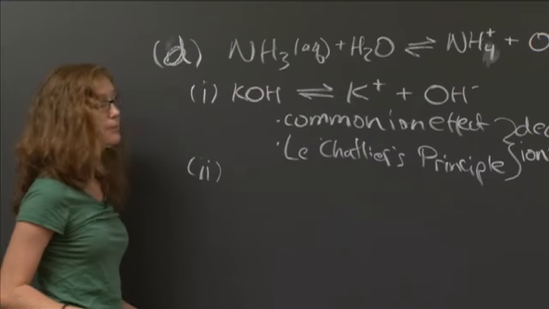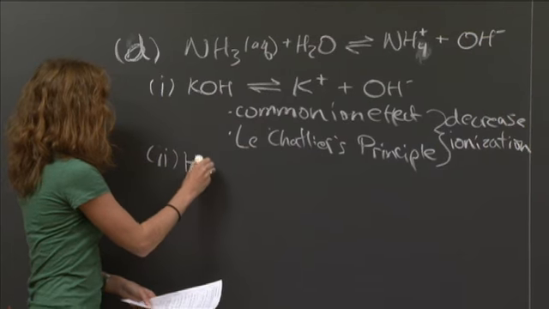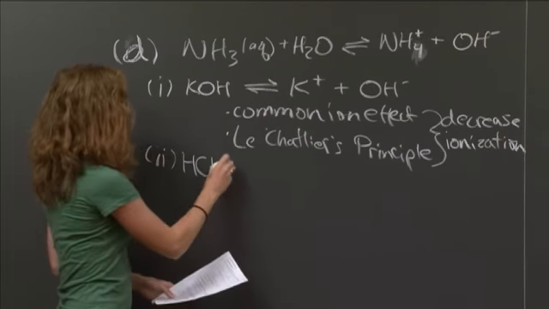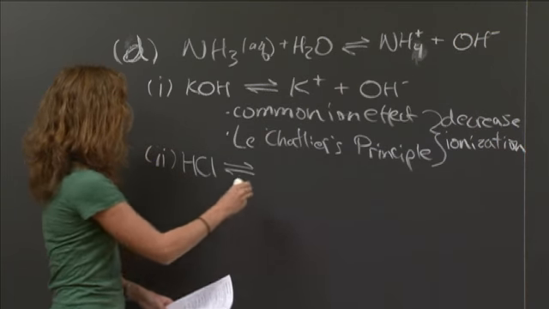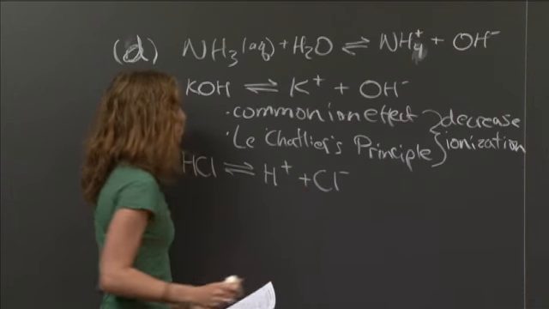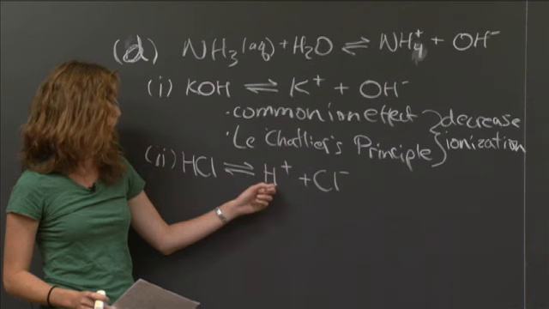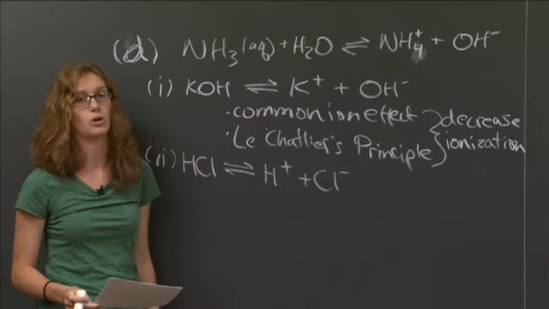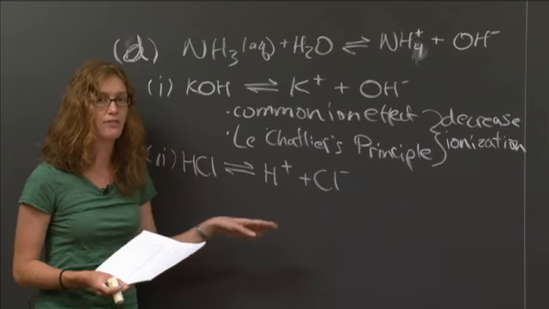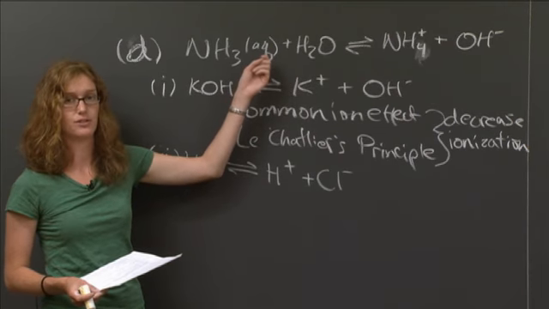Moving to the second part of this problem, we're asked about hydrogen chloride. Again, let's look at what that does in water. We know that it's a strong acid, so it will dissociate into hydrogen or protons and chloride. Now this one's a little bit trickier because we don't have either of these ions in our initial ionization reaction.